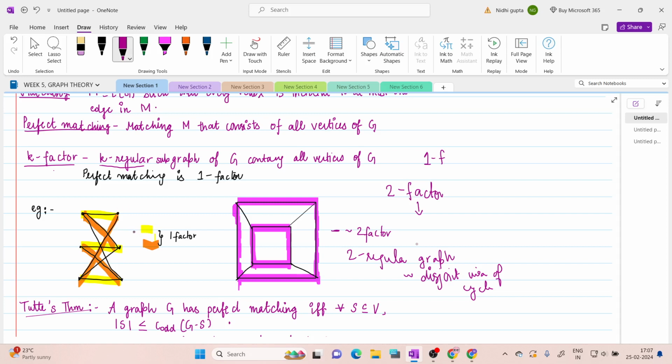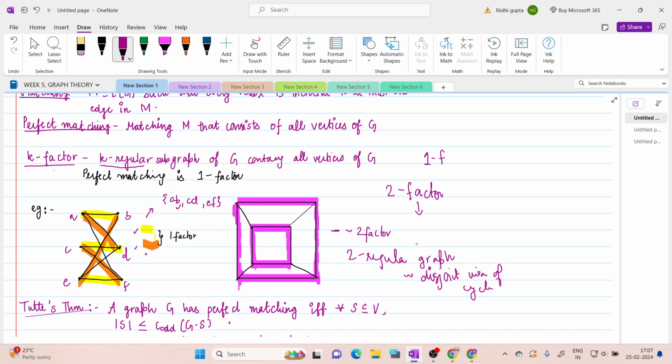You can see the shaded yellow edges, these three edges, if I name the vertices A, B, C, D, E, F. This is a one factor or a perfect matching because, first of all, it covers all the vertices in the graph, and secondly, each vertex is incident to exactly one edge.